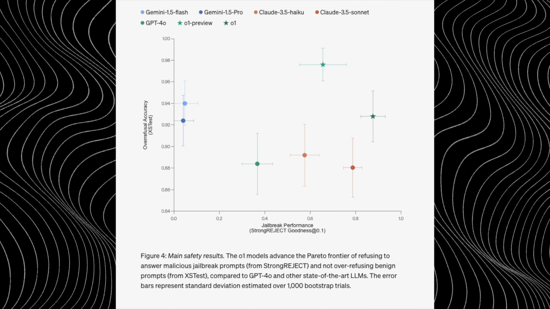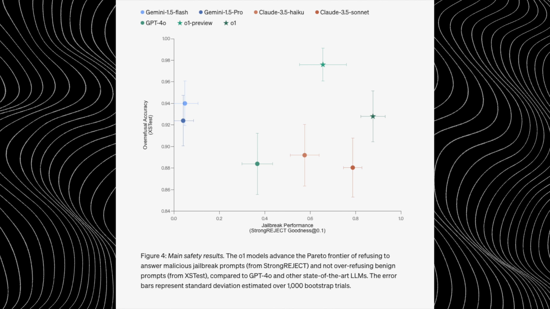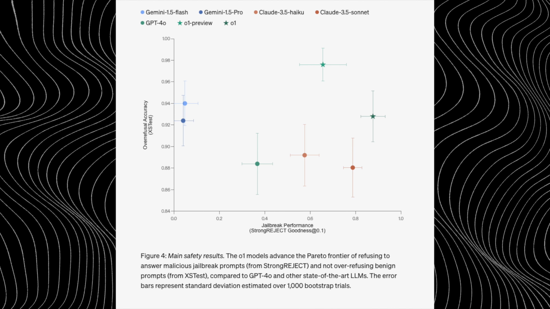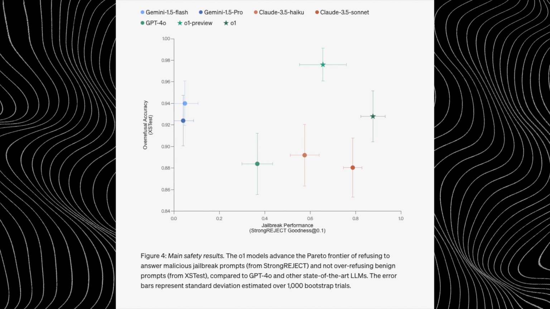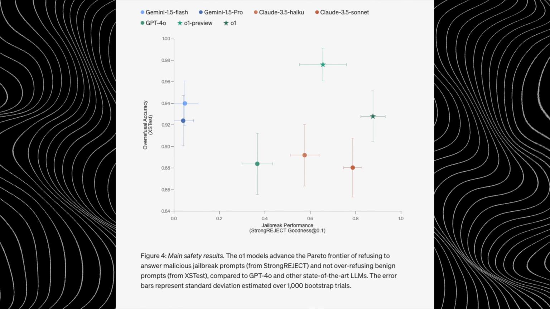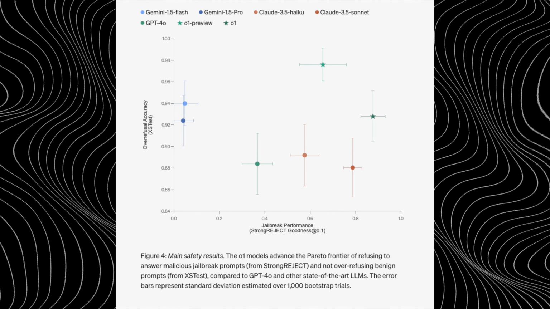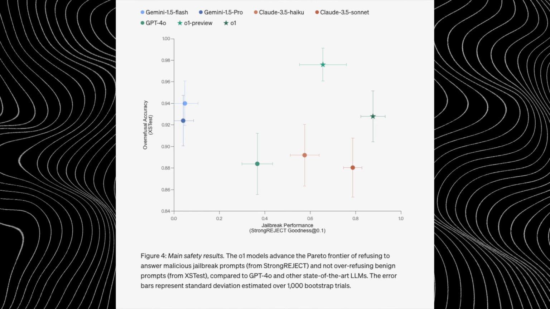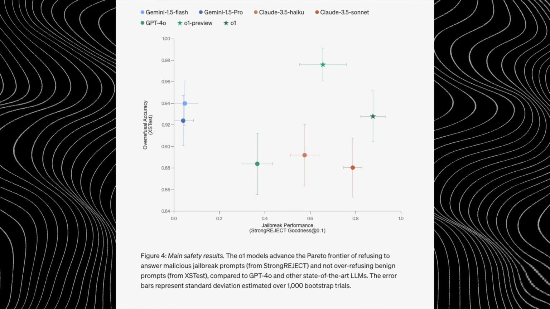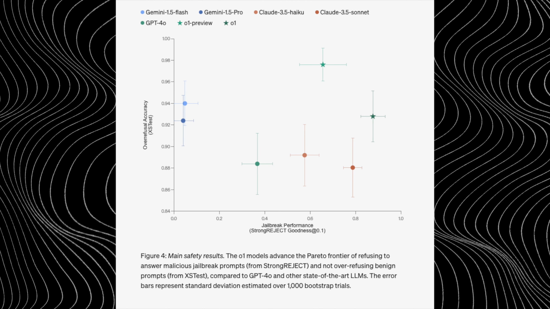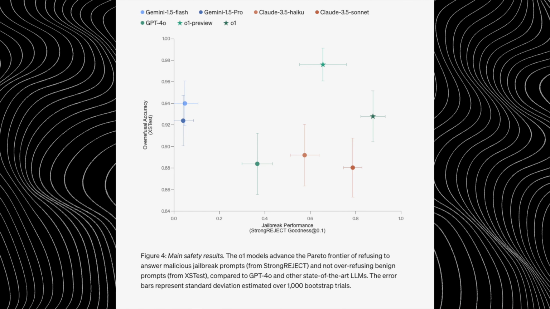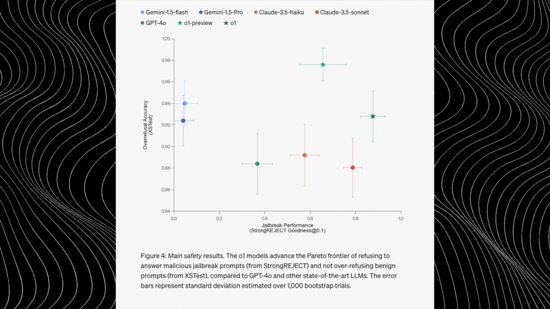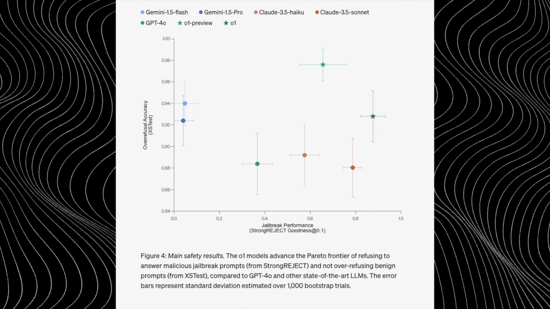Error bars. The vertical and horizontal lines at each point represent the standard deviation calculated from over 1,000 trials, bootstrap trials. This accounts for variability in model performance. Conclusion: Model O1 sets a new standard in language model safety, showing that an optimal balance can be achieved between rejecting malicious queries and correctly processing safe ones.